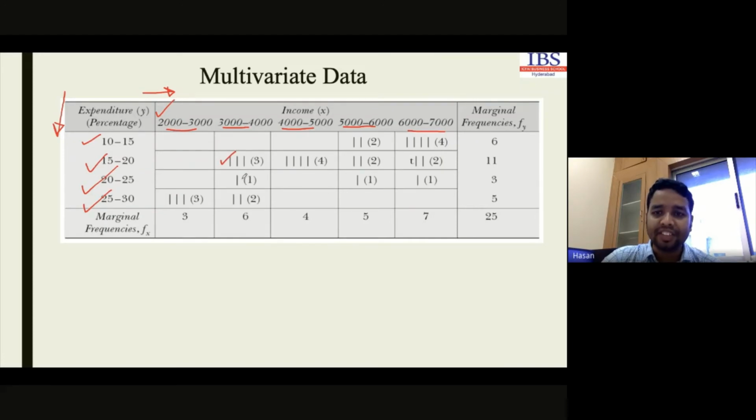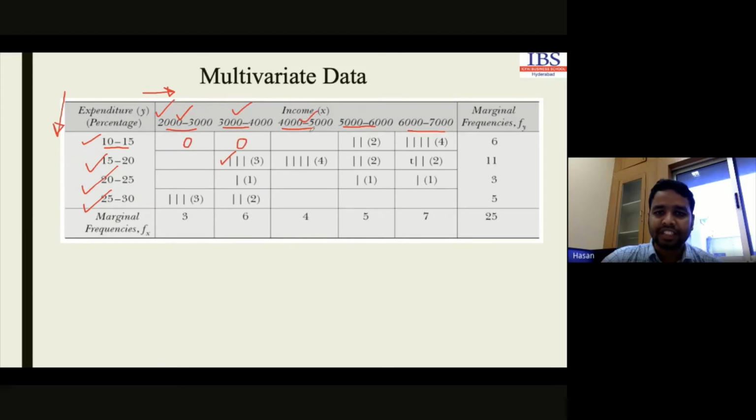How many families are there in a particular category? Take the very first one, expenditure level 10 to 15% of the income. For the first income category there is no one, so 0. For the second income category, again no one, so 0.